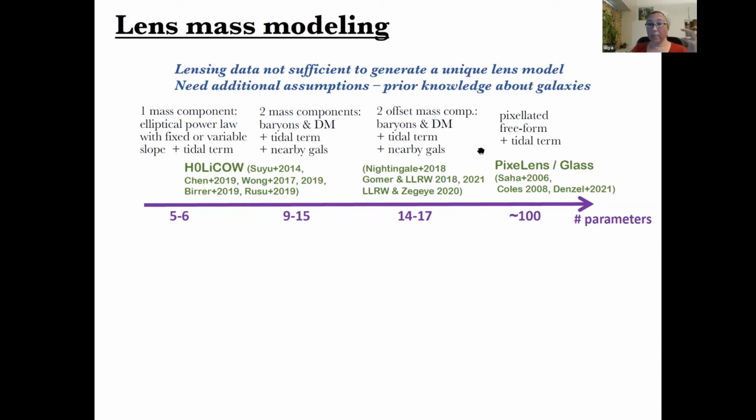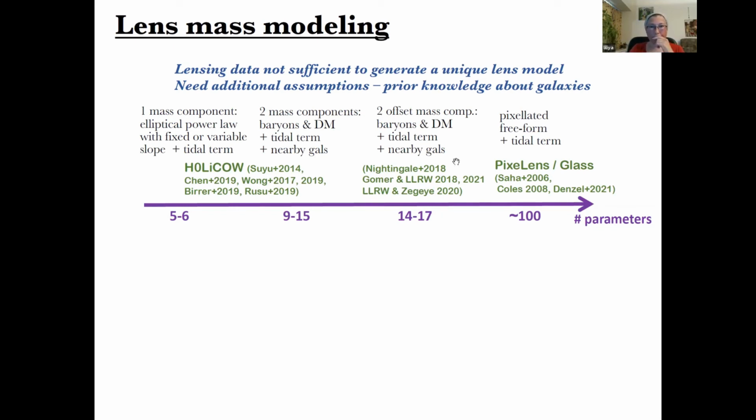Or you can completely abandon representing distinct mass components with individual functional forms, and say, I'm going to pixelate my lens plane and have my mass distribution be represented by a free-form distribution. Each pixel can vary on its own, but there are some global constraints that keep the total mass distribution looking like a galaxy as opposed to some jigsaw puzzle.